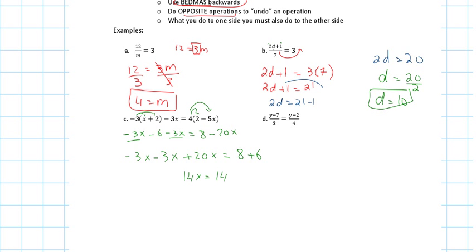Negative 6x plus 20x. Now to get rid of that 14 with the x, I have to bring it over as a division. So x equals 14 over 14, which is 1.